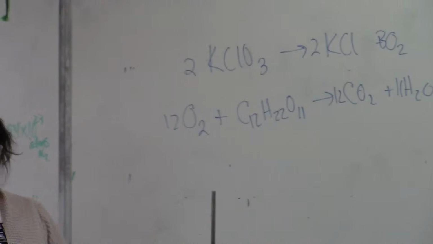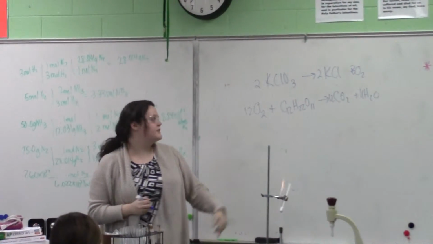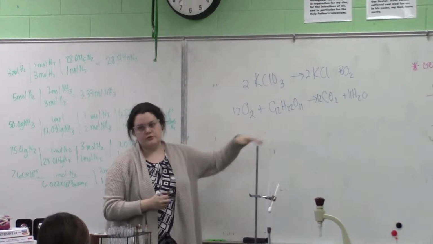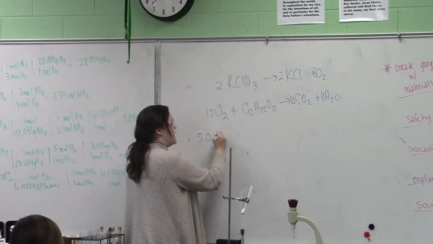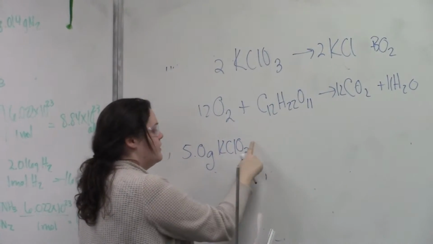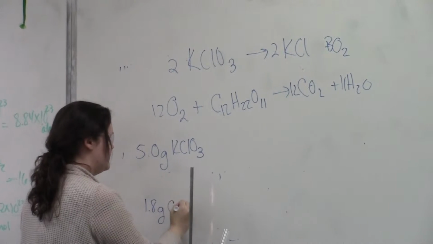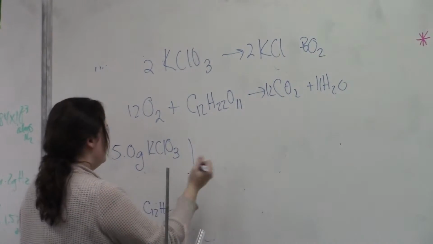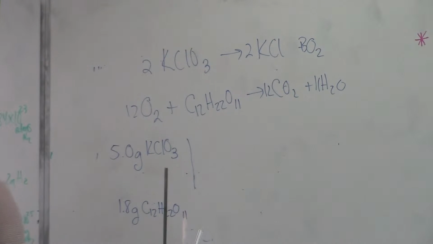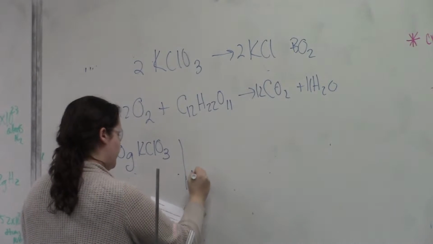Okay? So what I want to know is, is my potassium chlorate the limiting reactant, or is my sucrose the limiting reactant? So I start with 5 grams of potassium chlorate, and I start with 1.8 grams of sucrose. All right? So I'm going to divide by the molar mass of potassium chlorate.